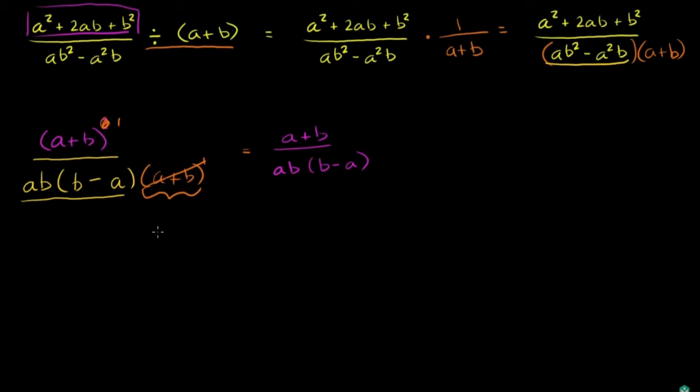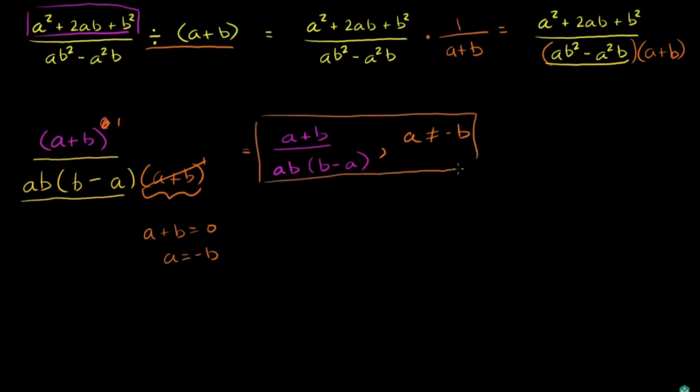The only way that this is going to be equal to 0 is if we subtract b from both sides. A is equal to negative b. So we have to add the caveat that a cannot be equal to negative b. We have to add this condition. And so this is our answer.